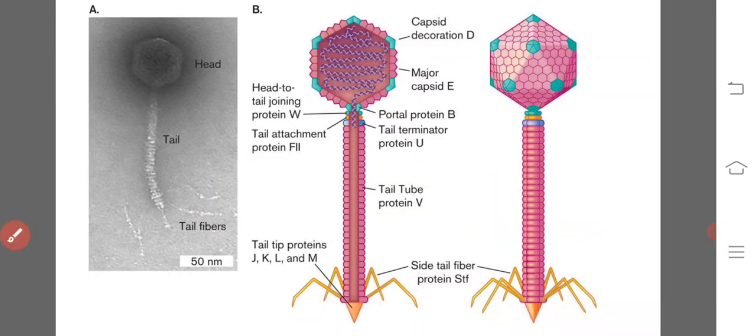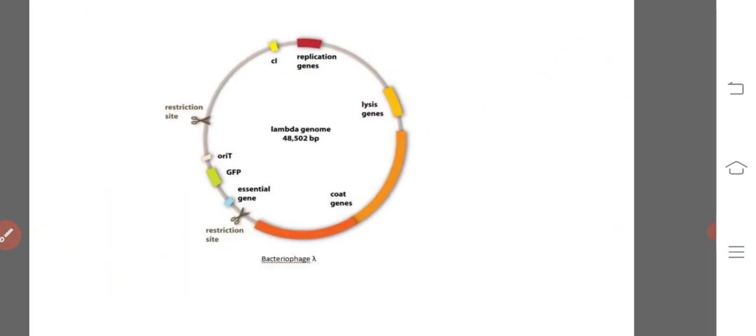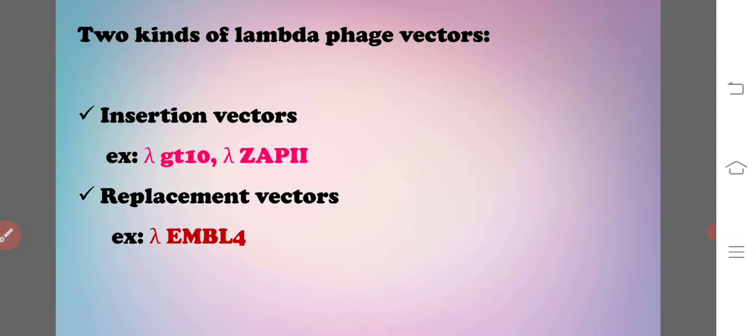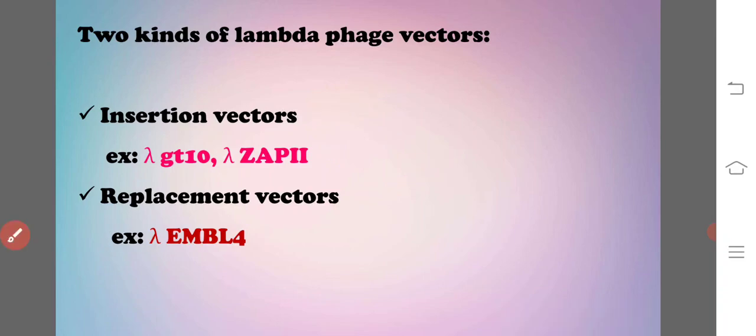See, this is a lambda genome. For insertion vectors, the best examples are lambda gt10 and lambda ZAP II. And for replacement vectors, the best example is lambda EMBL4.